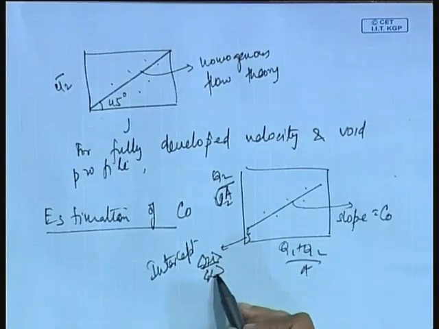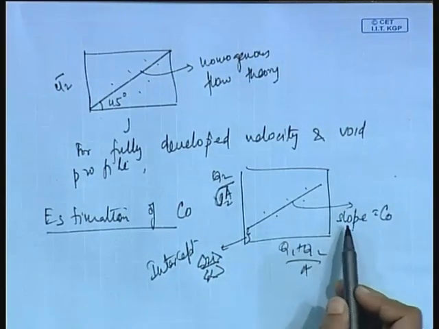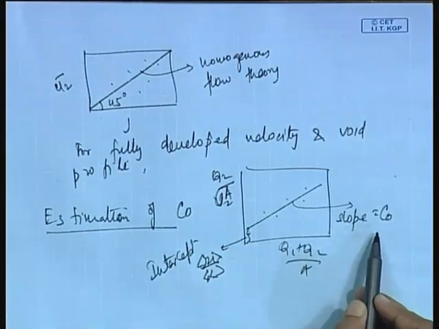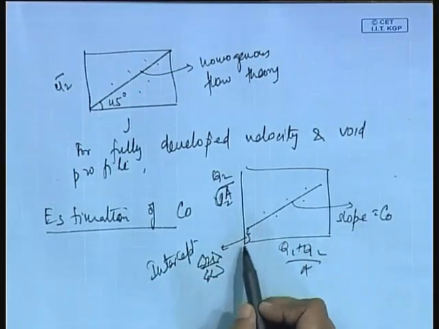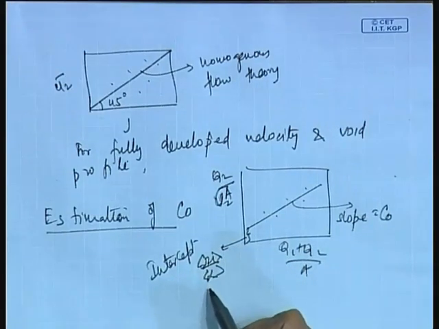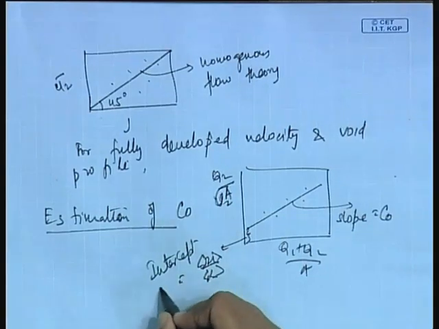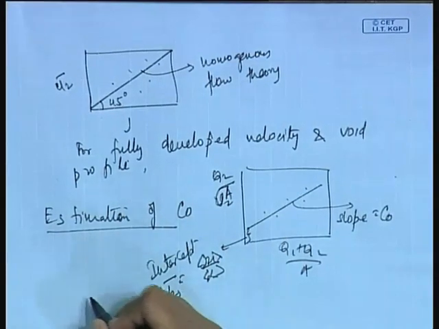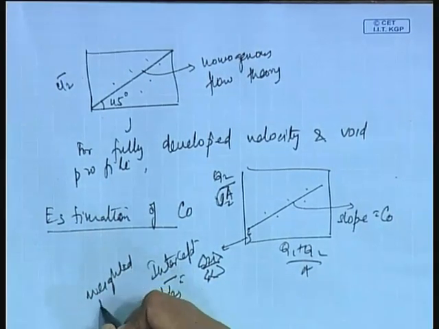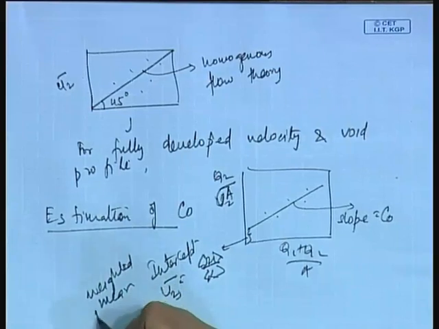In that case, the slope of this best fit line gives you the value of the distribution parameter C0, and the intercept gives you the value of the weighted mean local drift velocity. Okay, this gives you U2j, which is nothing but the weighted mean local drift velocity.